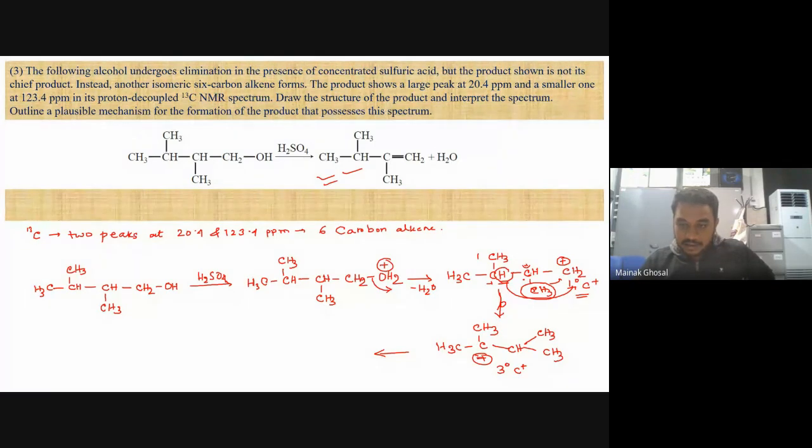This carbocation is very much stable. Now can anyone tell me why a tertiary carbocation is highly stable? Very basic organic chemistry.